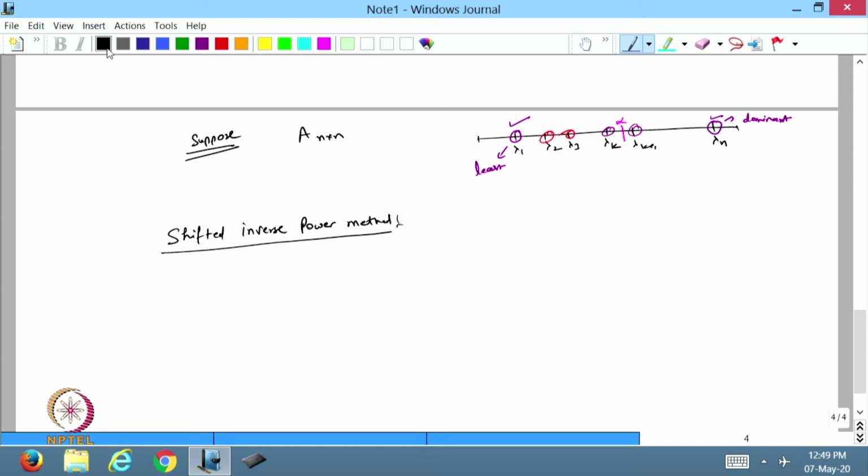Okay. So, let us write this. Assume that the matrix A, n cross n, has distinct eigenvalues. So, I call them lambda 1, lambda 2 up to lambda n.